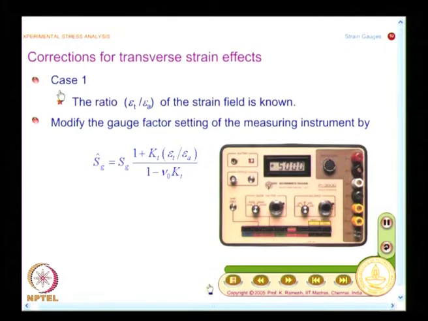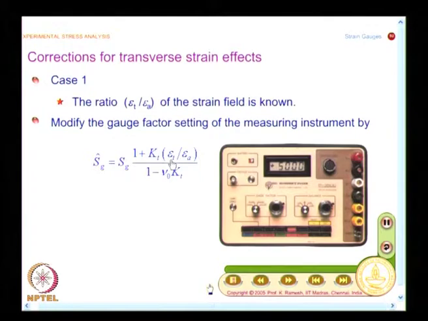The first case we looked at was, we know the ratio of the transverse strain to the axial strain. If I know this ratio, then whatever the error due to transverse sensitivity effects could be easily handled by defining a modified gauge factor, and this can be determined from the parameters that you know.